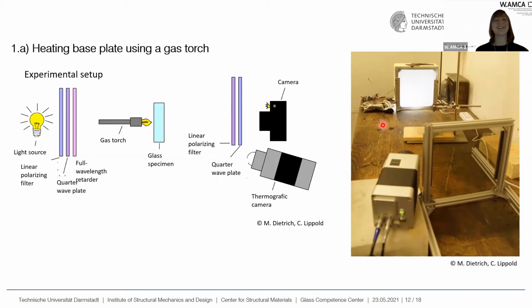And I also didn't think about it when I visited them. So we have the glass specimen in this schematic drawing, and here's the clamp to hold the glass specimen. This is the second polarizing filter and our thermographic camera, and the other camera is just next to the person taking the picture.